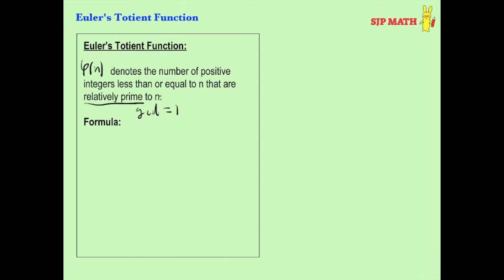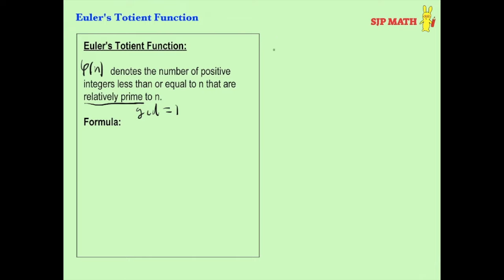For example, the numbers 3 and 4 have a greatest common divisor of 1, so they are relatively prime. So what this function is asking for is the number of integers from 1 to n that have a greatest common divisor of 1 with n. That is Euler's totient function.